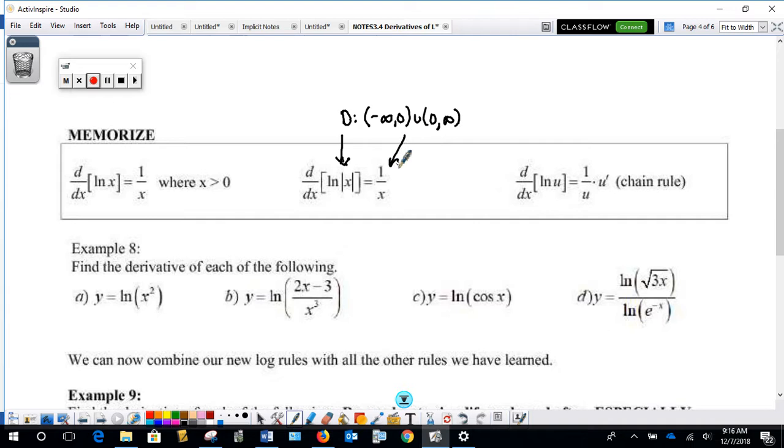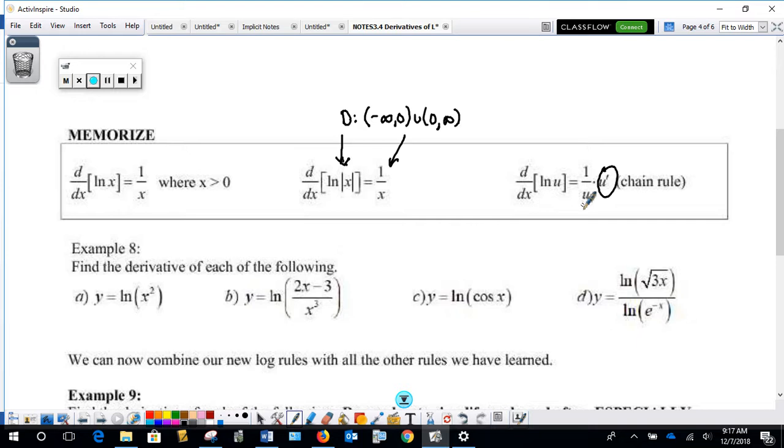What's the domain of 1 over x? Everything but 0. So notice I have fixed the problem that I had about the domains being restricted on that. And then you can use chain rule on this. We're still doing derivative of the inside times derivative of the outside.